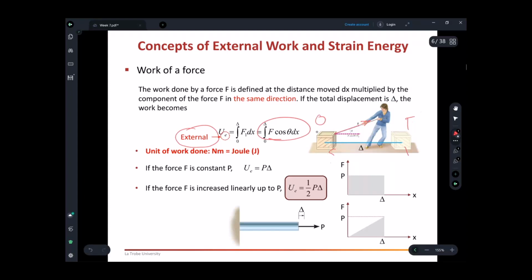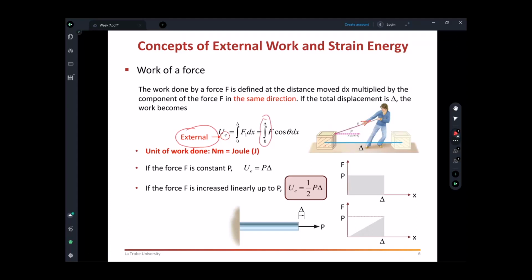Now don't be worried about this calculus, because a student may ask: that looks very simple, force times displacement, with the force in the direction of the displacement, but what about this integration and calculus?